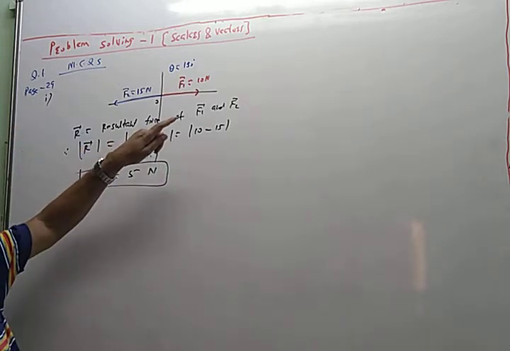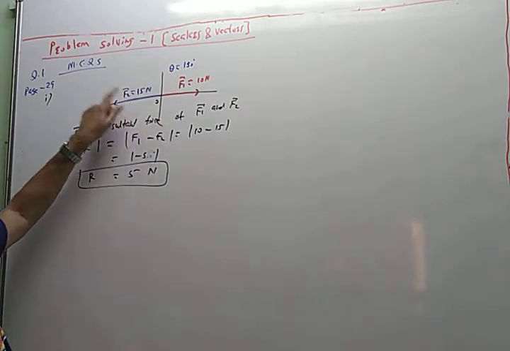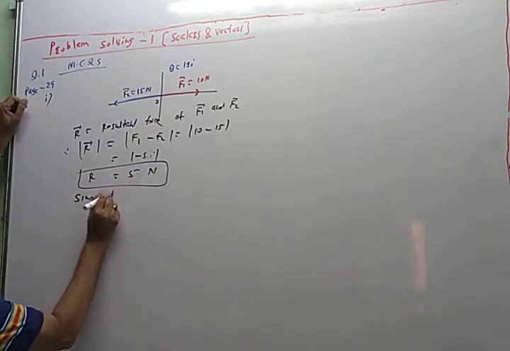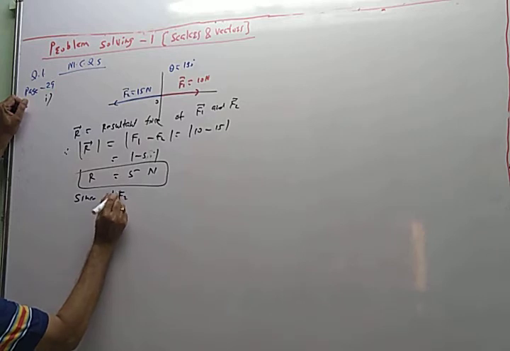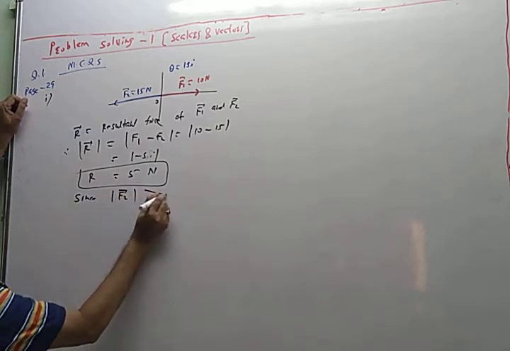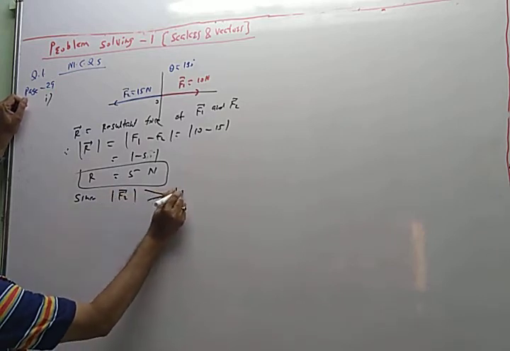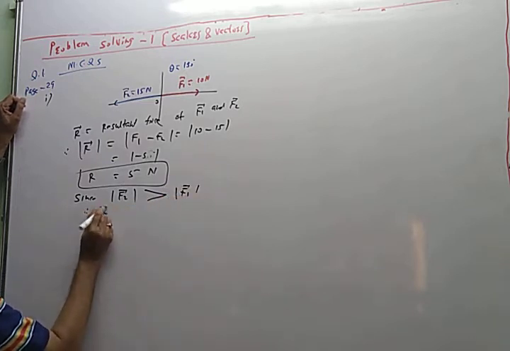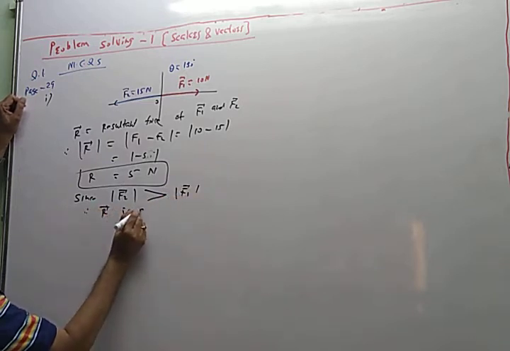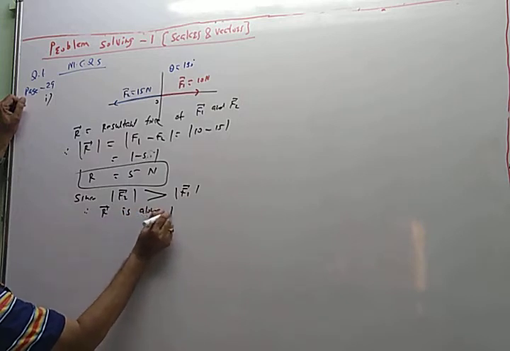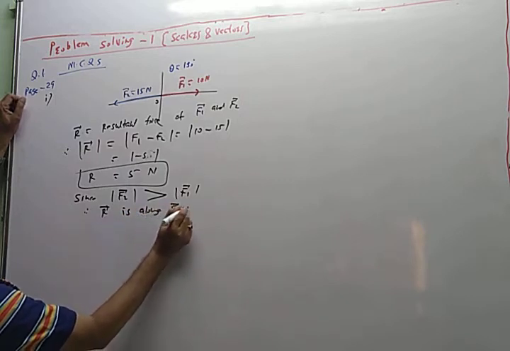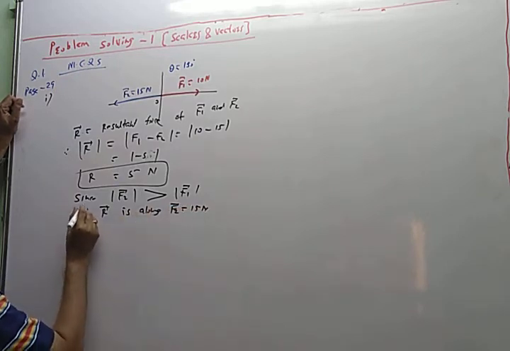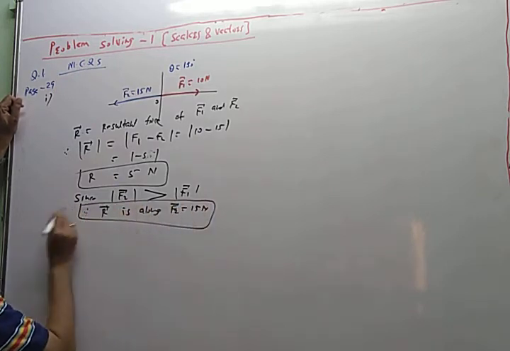And now direction. What is the direction? The magnitude of force F2, 15 Newton, is greater than the magnitude of force F1, and therefore the vector R is along the larger vector F2. So this is the direction.